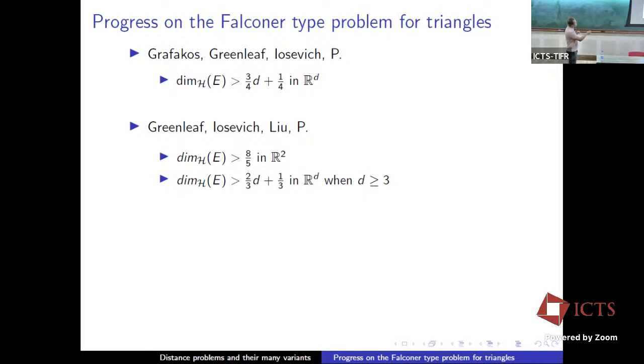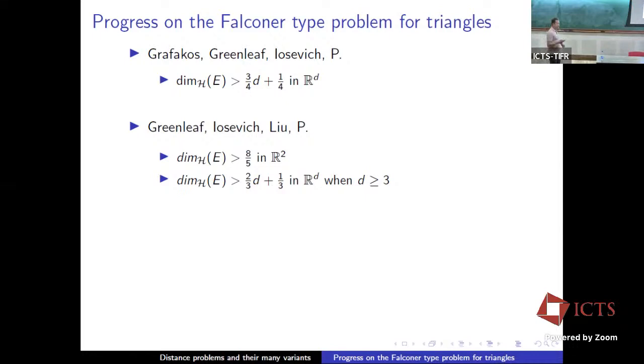The next set of results, with Alan Greenleaf, Alex Iosevich, and Bochen Liu, is improved dimensional thresholds. Especially good one in the plane, which has to do with that we're able to use a mechanism of Tom Wolff's in there, whereas in higher dimensions, it just didn't yield anything for us.